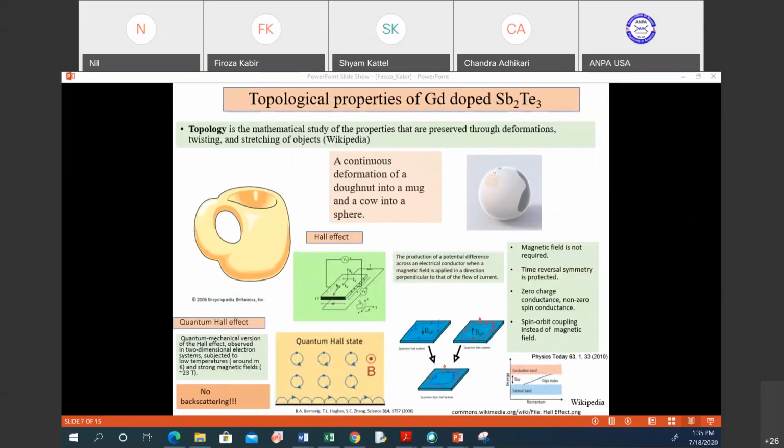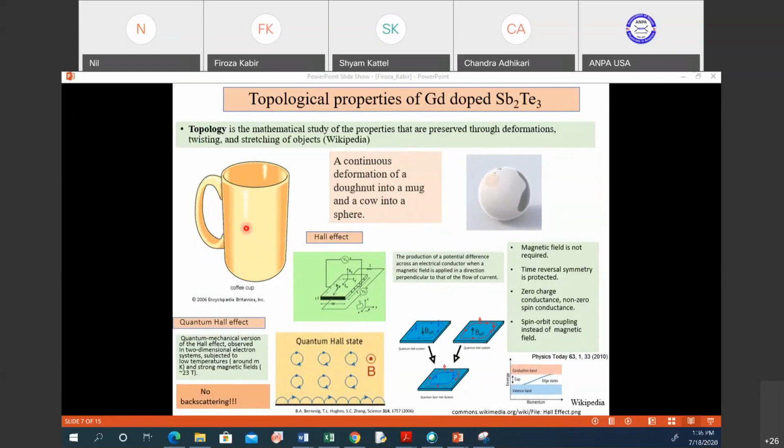Now, before starting to discuss the topological properties of our system, let's get some basic ideas of topology. So what is topology? You can see a coffee cup here turning into a donut, and also a ball turning into a cow. What is the basic common thing in these?